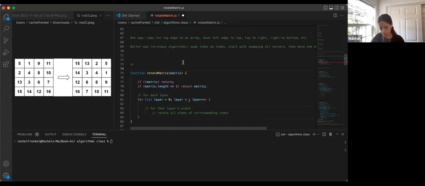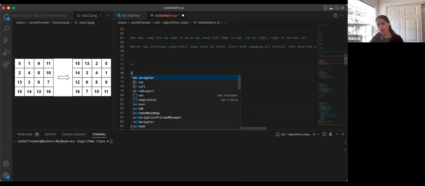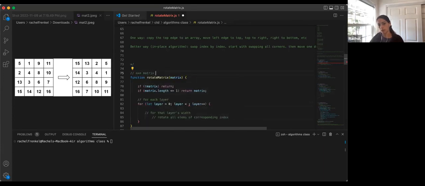So we're going to have an n by n matrix. This is a 3 by 3 because the length of it is 3, and in each one, there are going to be 3 elements. Because it's 3 by 3, we know the length of this.